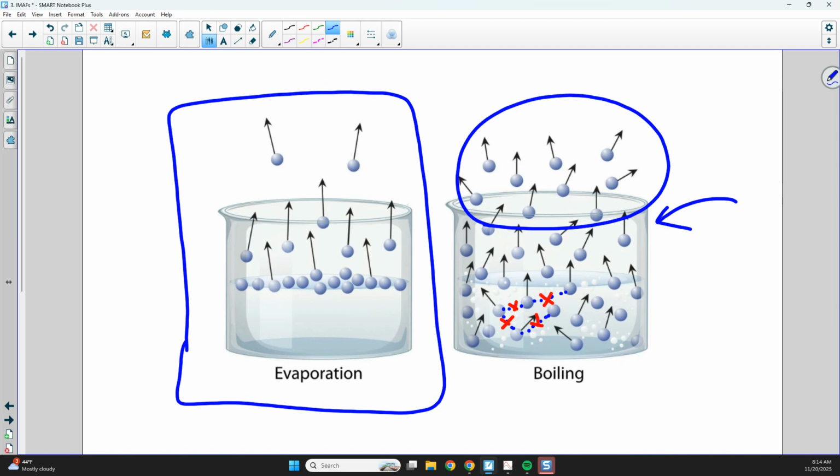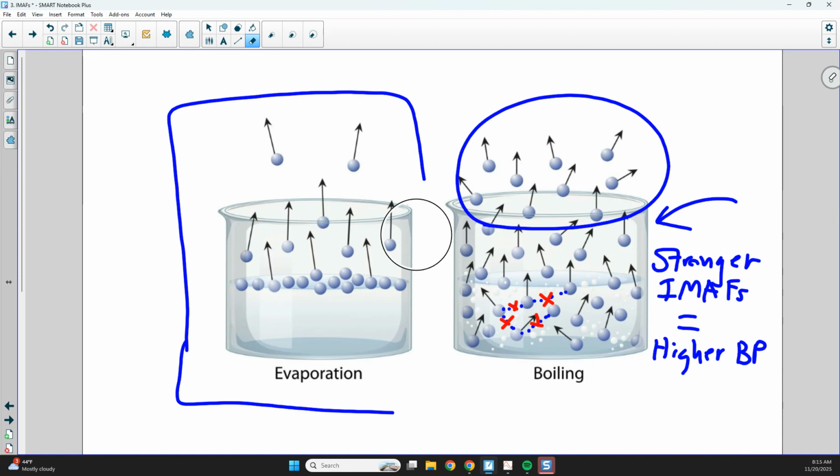And depending upon the strength of the IMAFs, that's what's going to determine the boiling point. So stronger IMAFs equal higher boiling point, as we have discussed before.